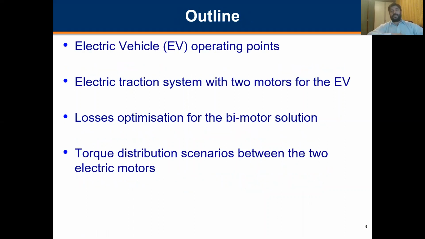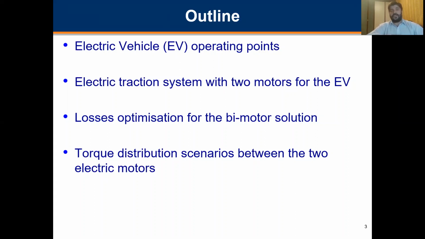Some main topics of the presentation. As we said before, the operating points will be the first topic: how to calculate the operating points for the vehicle and respectively for the powertrain. Then the electric traction system, in our case with two brushless DC motors.